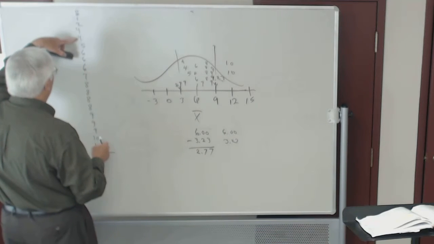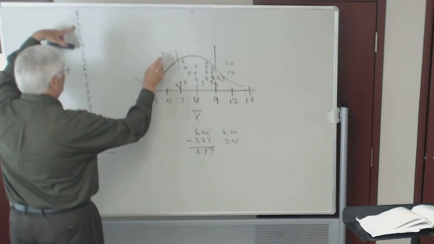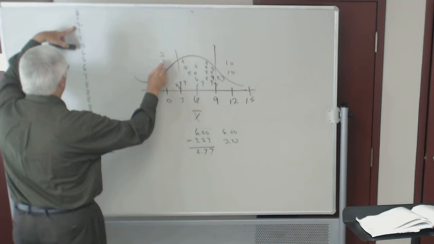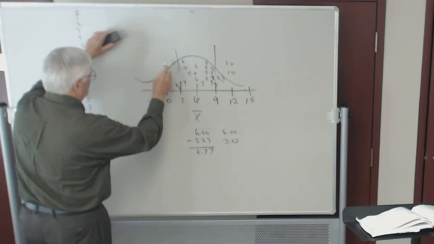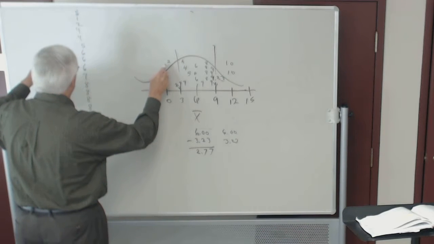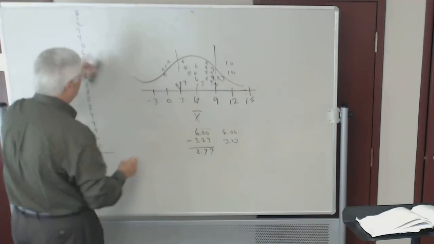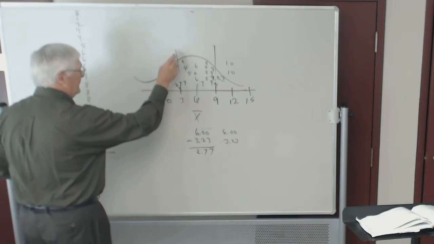And the 4 and 4, the 2 and the 1 and the 2 zeros would be out here on this side.